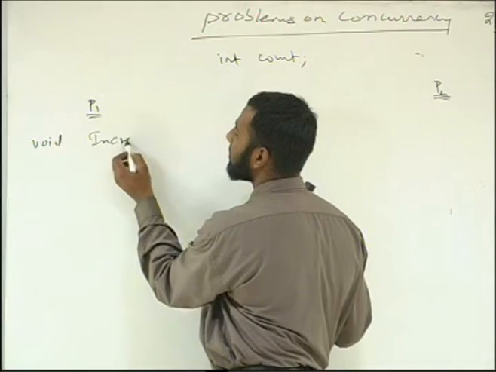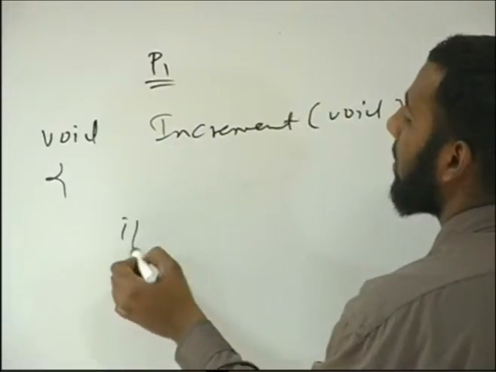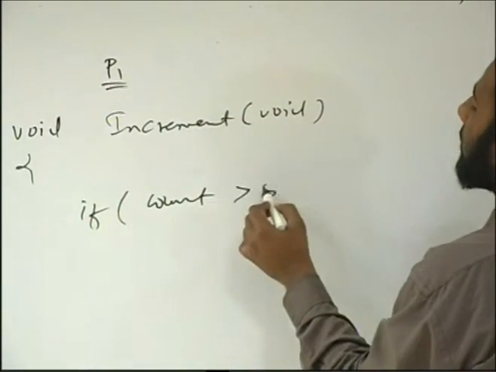So void increment void. Here it will check if the value of count is greater than 5.